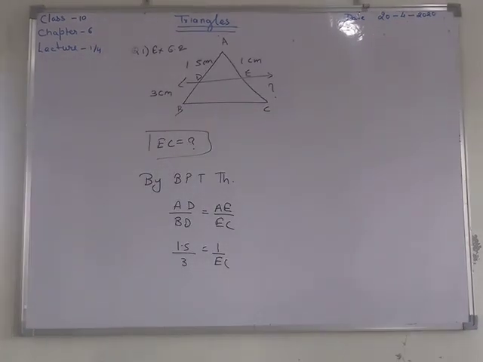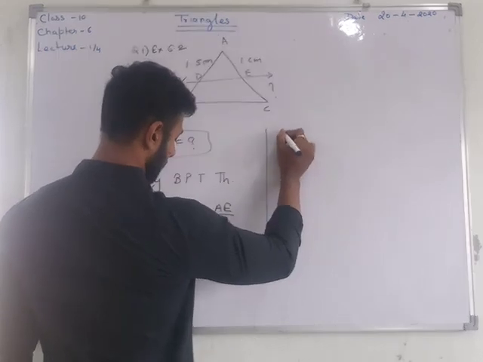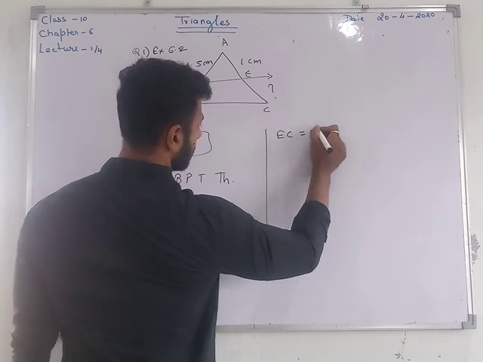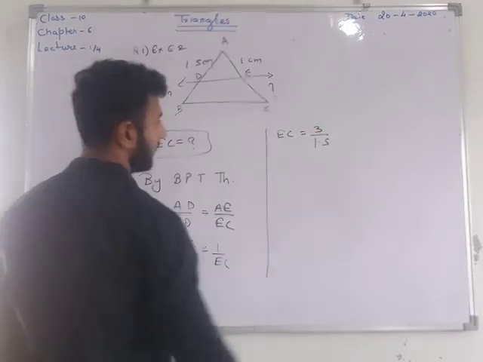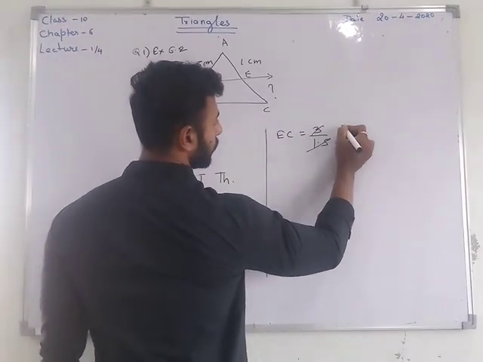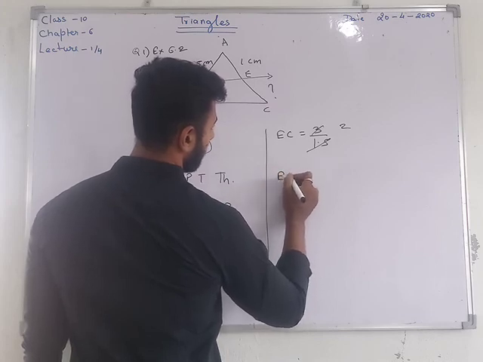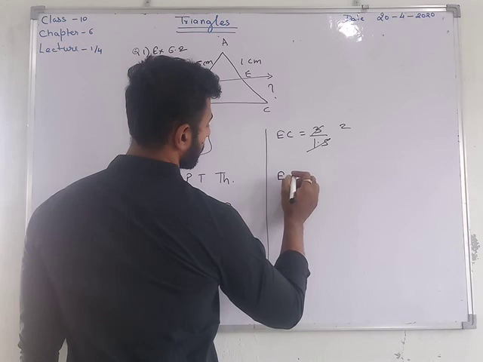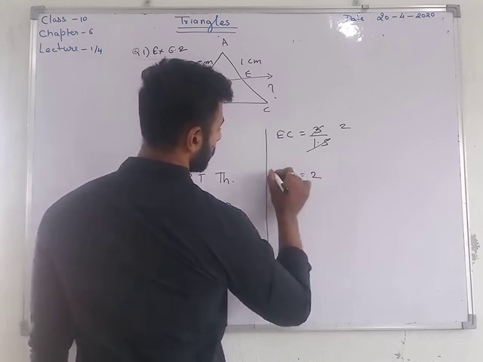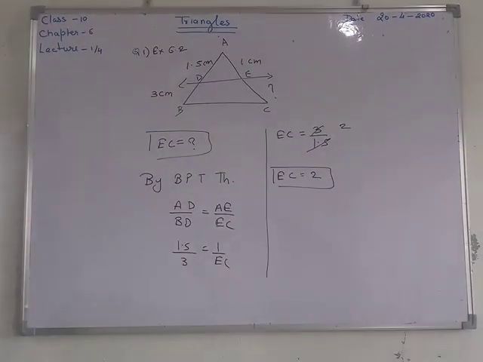Now cross multiplying this, we get EC is equal to 3 upon 1.5. Solving this, you will get 2. So EC is equal to 2.